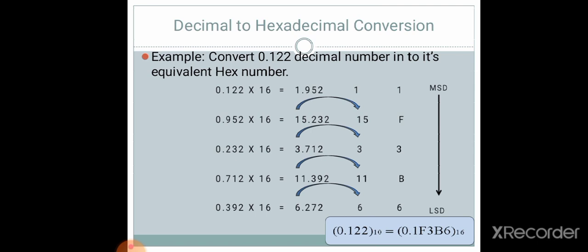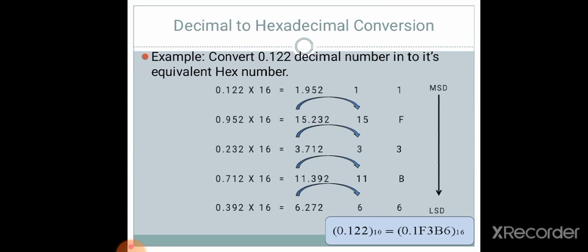So we have to pick that 15 and write that 15 in front of your answer. So 0.232 is left. We'll take that 0.232 and multiply with 16. The answer is 3.712. We'll take that 3 outside and we'll take 0.712 and do the multiplication with 16.